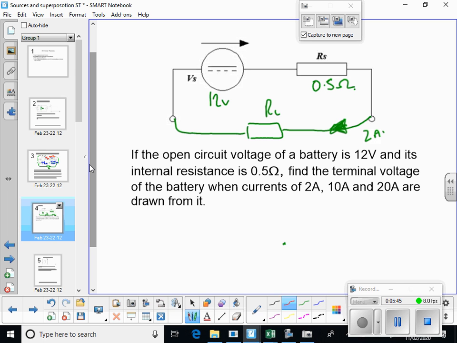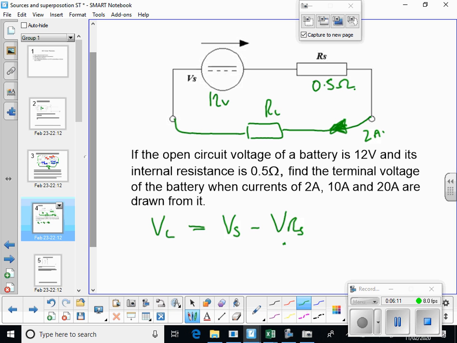We want to know, I'll do it in green, this is when the current's 2 amps. VL is it not VS minus the voltage across the internal resistance, by Kirchhoff's voltage law?